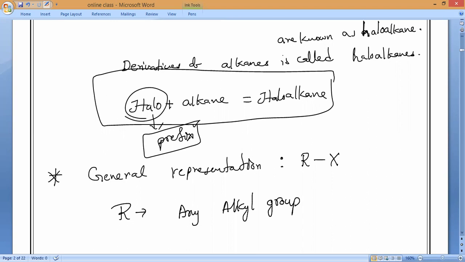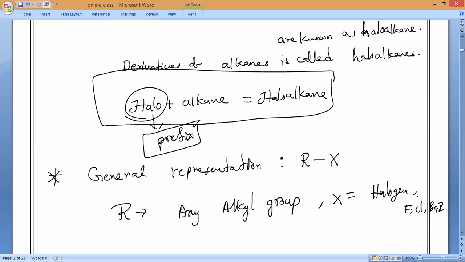So alkyl group, and X means halogen. What is a halogen? We know fluorine, chlorine, bromine, iodine. At least all of these you should know.